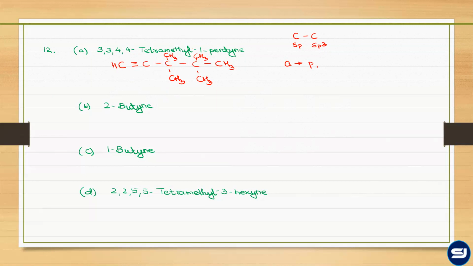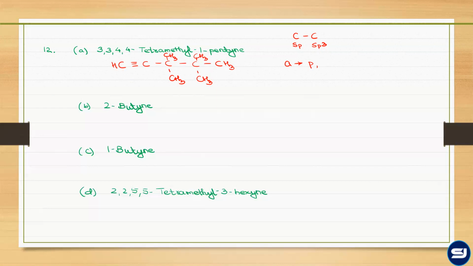Finding this is easy. First of all, this H can be substituted by Cl to give one product. Substituting the H from any of the methyl groups will give me one product. So from here I get one. And these 3 methyls are bonded to the same carbon. So whether I substitute the H of this methyl, this or this, it's going to give me one single product.